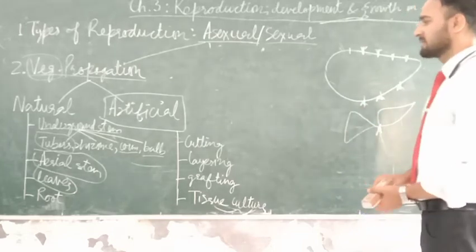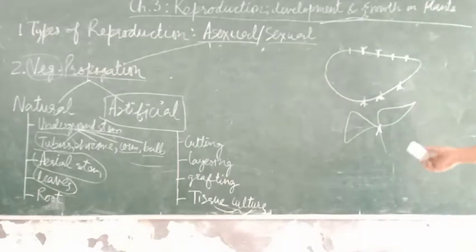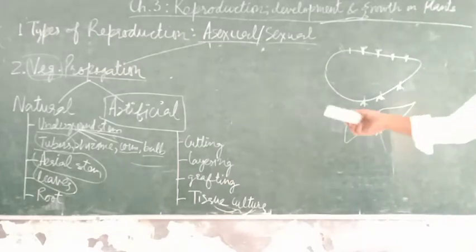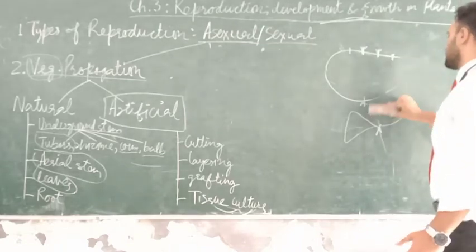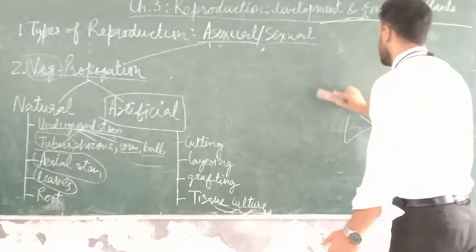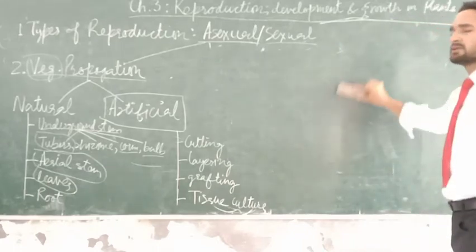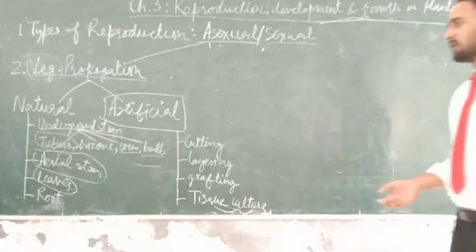So this is the example of vegetative propagation through the leaves. And similarly, vegetative propagation can also occur through the roots, as in the example of common grass that you see in the garden.